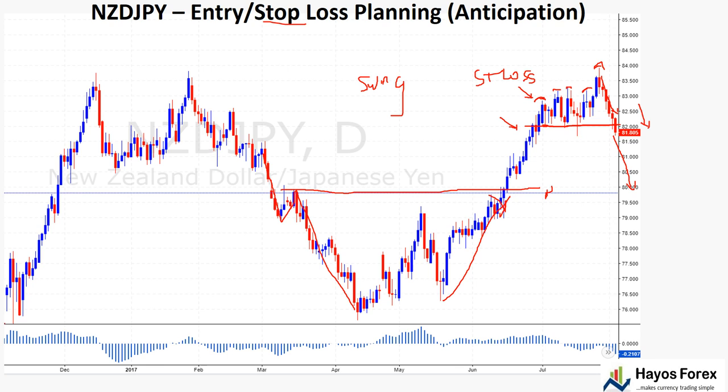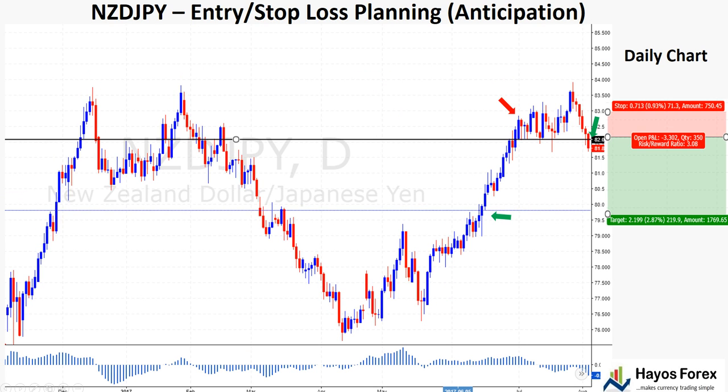Okay, now moving ahead, this is my stop loss. This is the price level that I want to enter the trade, and this is the level that I plan to take my profit. The risk reward ratio is found to be 3 to 1, so it looks interesting.